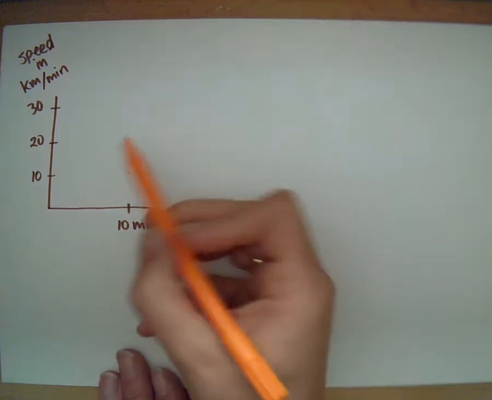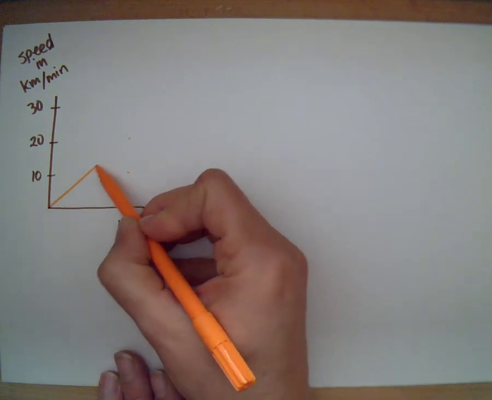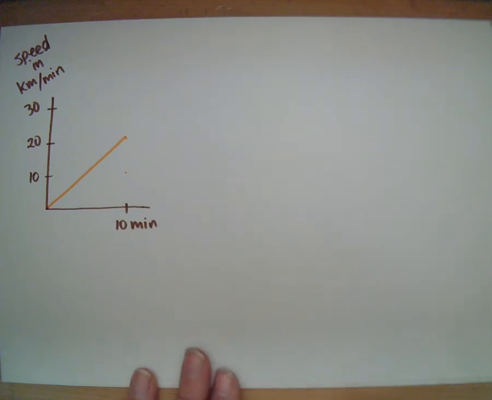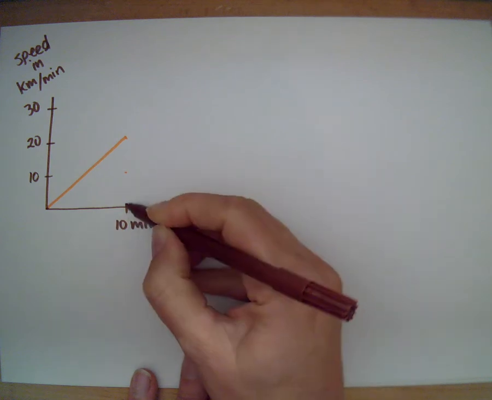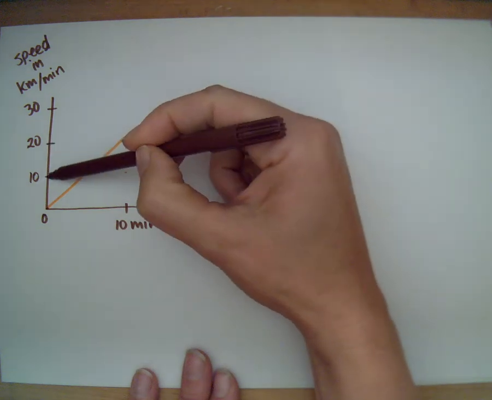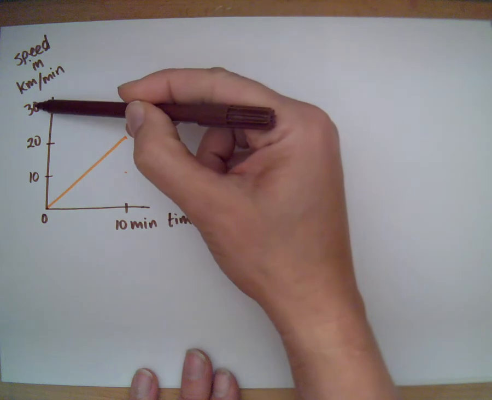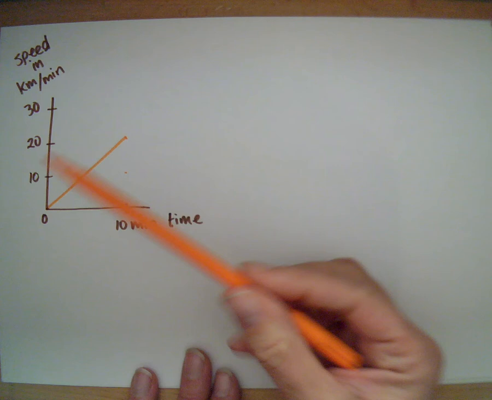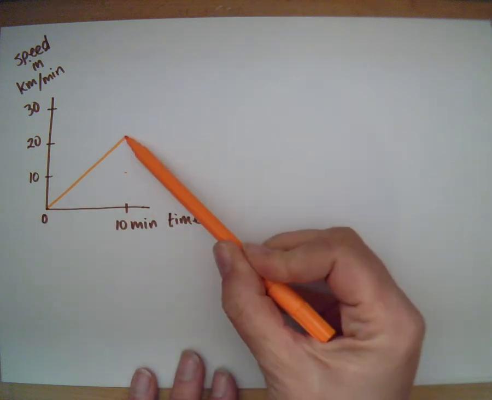I'm going to draw a line like that. Say this is my speed time graph. Time. Here's 0, here's 10 minutes passed, right? Here my speed is 10 kilometers per minute, here my speed is 20 kilometers per minute, and here it's 30. Okay, what if I want to know my acceleration on this line?